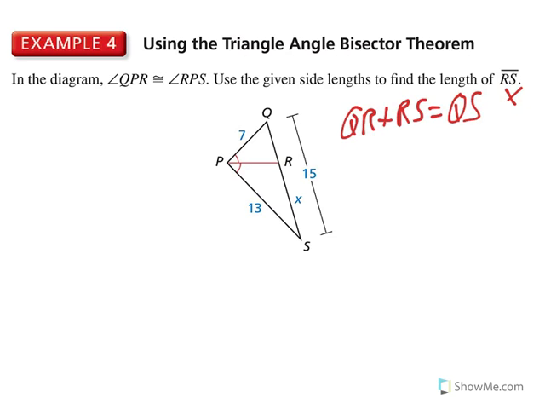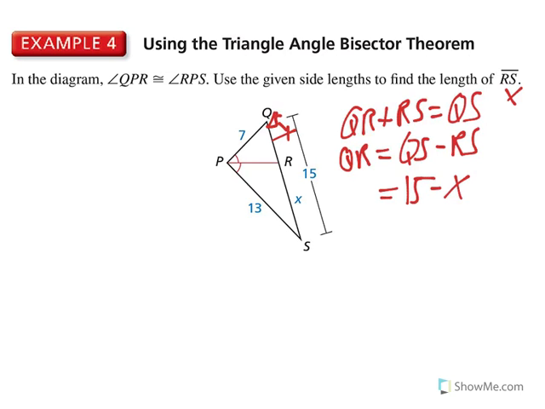So if I wanted to have QR, I could subtract RS over, and so I would get QS minus RS. If I plug those in, QS is my 15, RS is my X that I'm looking for. So instead of QR, I'm going to write 15 minus X. That's what I would be able to solve for QR. I would need to do 15 minus whatever value I get for X.